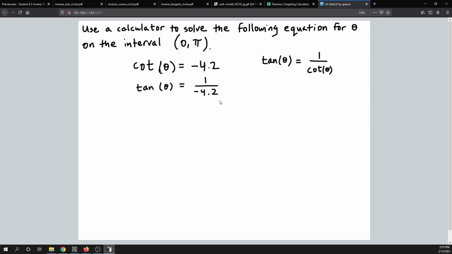Although in this problem we're going to see that there is a huge catch when doing that, okay? All right, so now I'm going to go ahead and solve this, and I'll show you the catch in a little bit here. So next I am going to use the inverse tangent function, and take the inverse tangent of both sides.